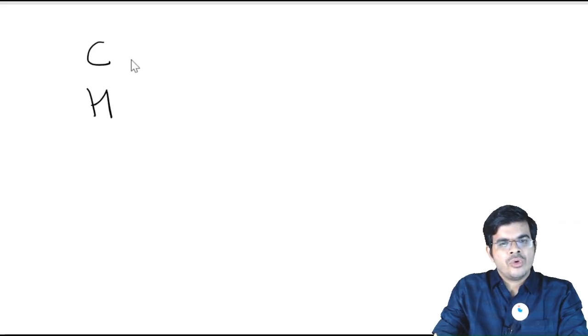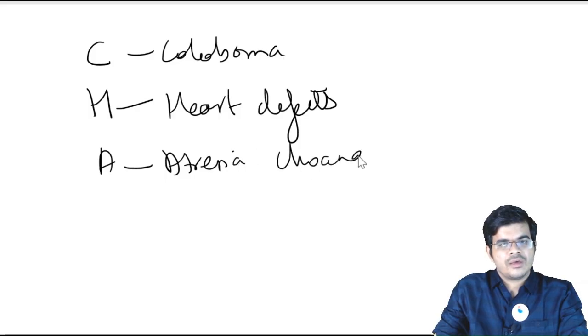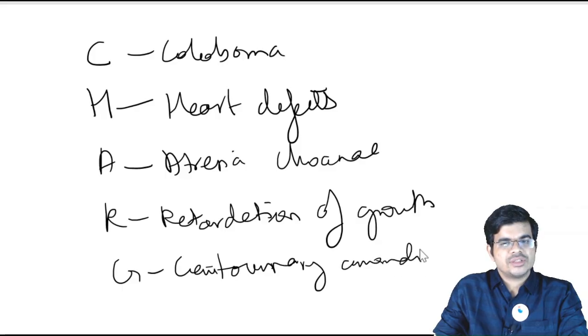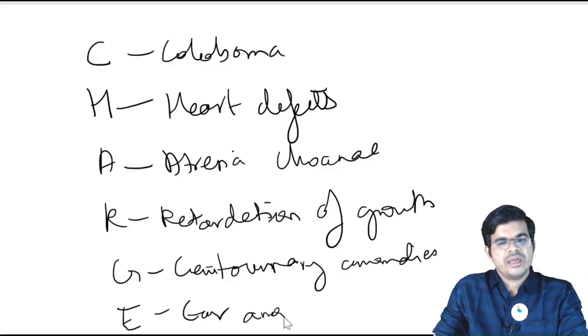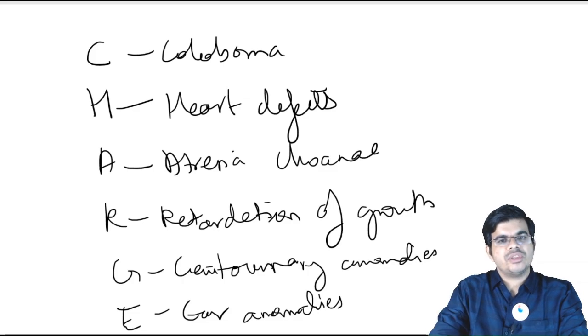CHARGE syndrome consists of coloboma of eyes, heart defects, A for atresia choanae, retardation of growth, genitourinary anomalies, and finally ear anomalies. And these ear anomalies include not just preauricular sinus, it can also be microtia. So these are the various disorders associated with external ear.